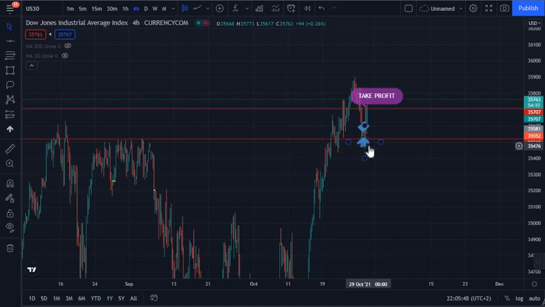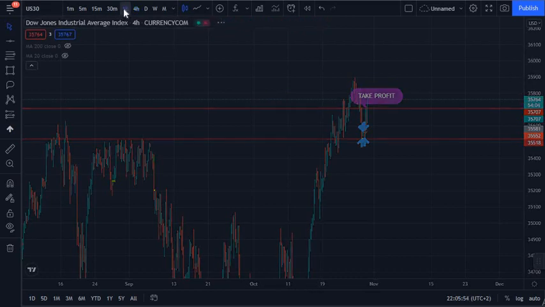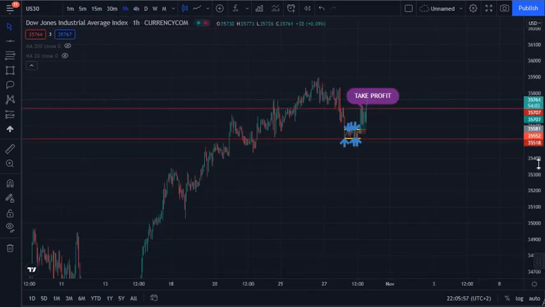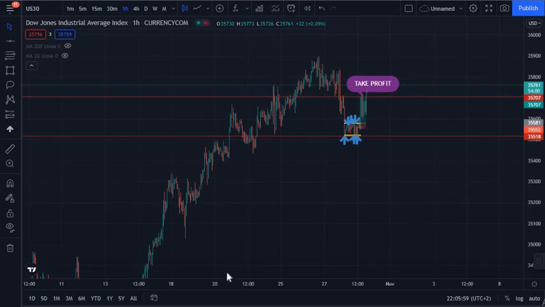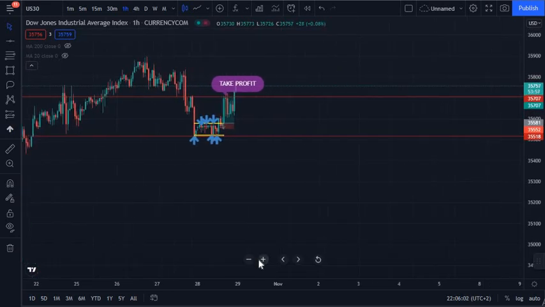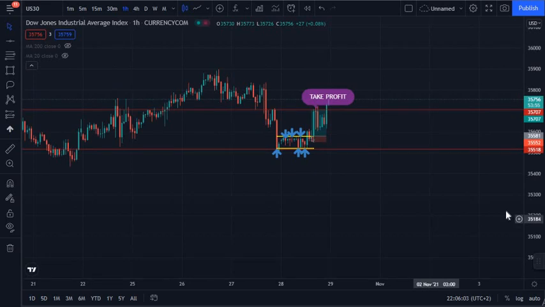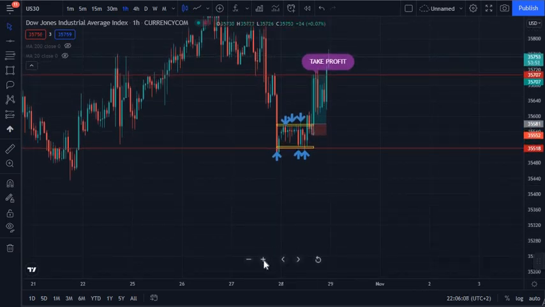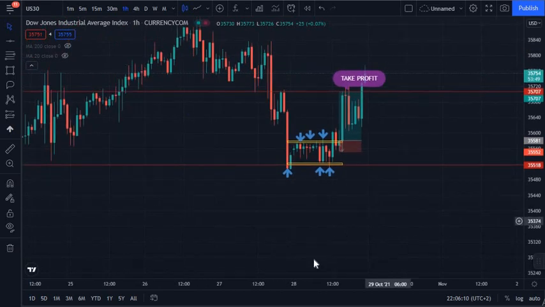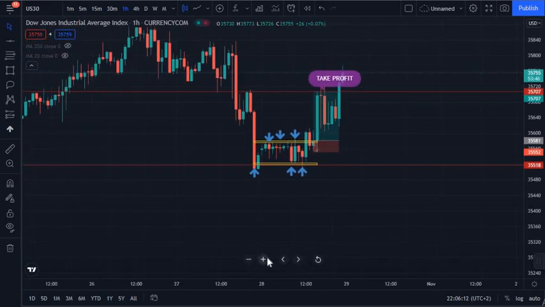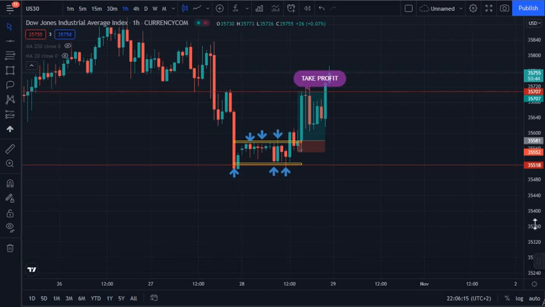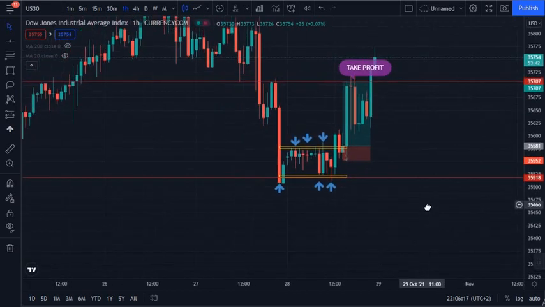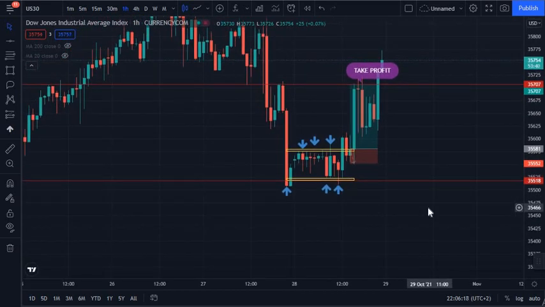So now what I wanted to do is get a clear analysis of what is going on with the markets, right? So what I had done is gone to the 1 hour time frame. We zoom in here. So the beginning of our story was that price was in the uptrend.